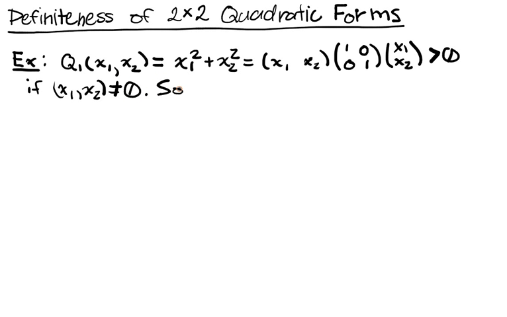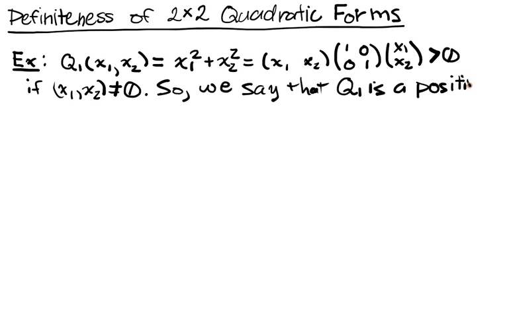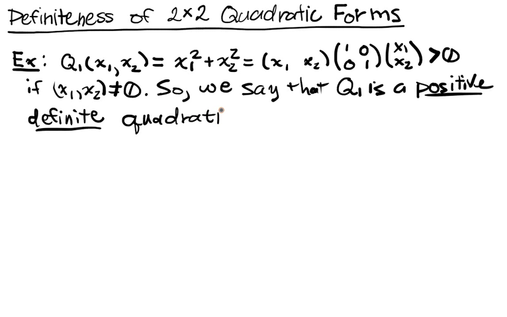So we say that Q1 is a positive definite quadratic form. Sometimes we'll abbreviate this and just say it's pos def, because it's two relatively long words.